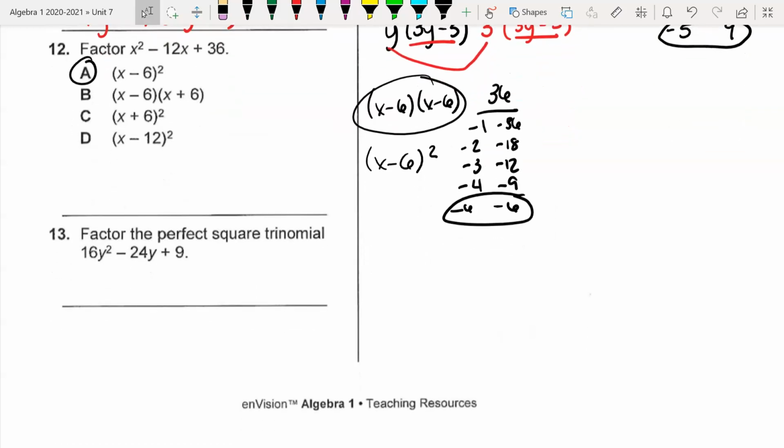And lastly, again, the AC method. I'm going to do 16 times 9 to get 144. Now, negative 24, and this says it's a perfect square trinomial, so you know it's probably going to be something really nice. So you could do the AC method here.